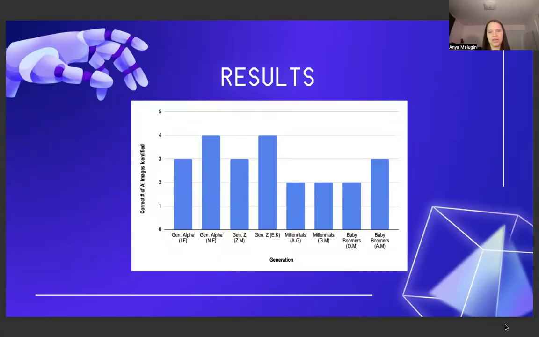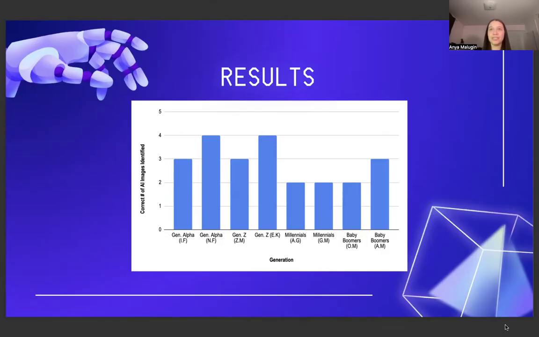Here is a bar graph depicting the final scores of this observational study. Once again, as you can see, Gen Alpha and Gen Z scored exactly the same. And the implications of this study, even though this is an informal experiment: however, we could infer that perhaps the younger generations are more equipped to recognize when AI is present than older generations are.